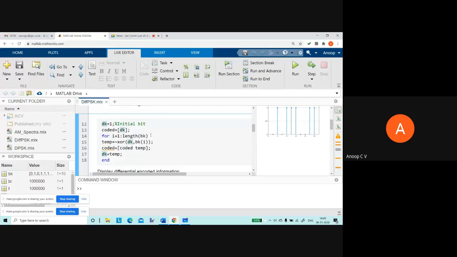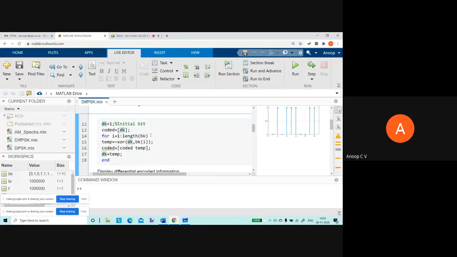Whatever the assumption is, it should also be modulated and transmitted, otherwise we won't be able to demodulate it reliably at the receiver end. You can assume it to be either 1 or 0.